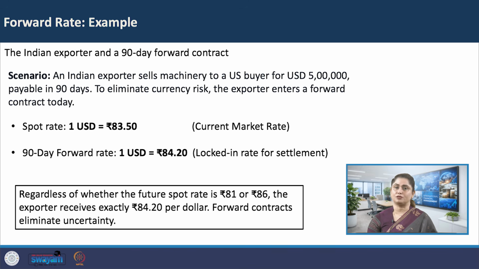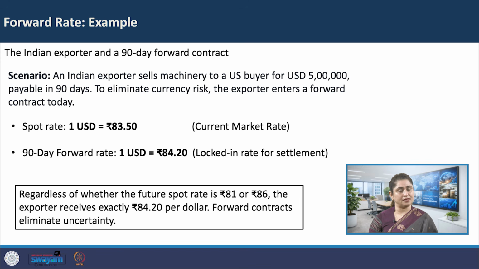Suppose an Indian exporter has sold machinery to a US buyer for USD 5 lakh. Payment will be received in 90 days. The exporter is worried that in 90 days the rupee might strengthen, making each dollar fetch fewer rupees than today.